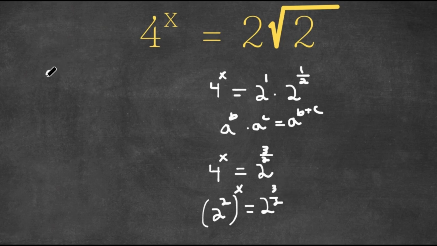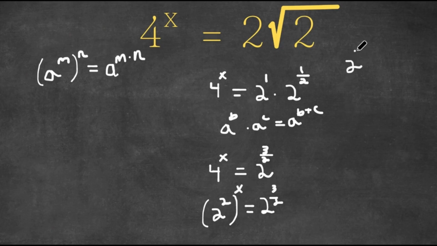Now, if we have something in the form a to the power of m to the power of n, this is the same thing as a to the power of m times n. So 2 to the power of 2 to the power of x, this is the same thing as 2 to the power of 2 times x, which is just 2x.